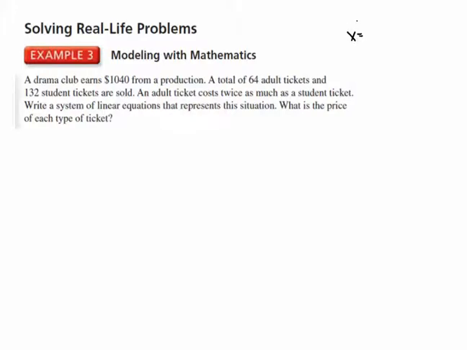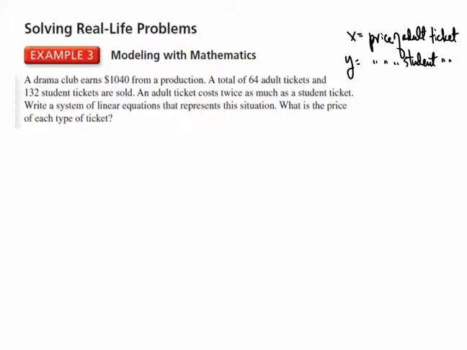Doesn't matter which we say is which, but I'm going to let X be the price of an adult ticket, Y is the price of a student ticket. All right, so now we have our two variables set up.